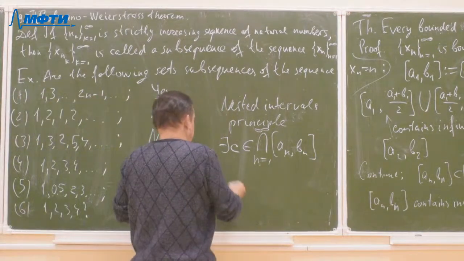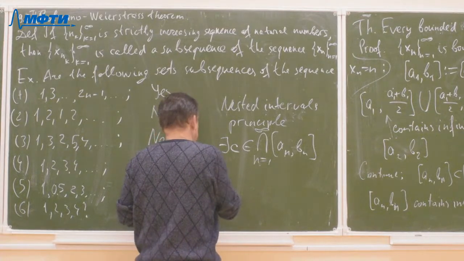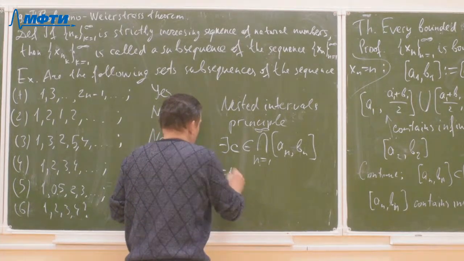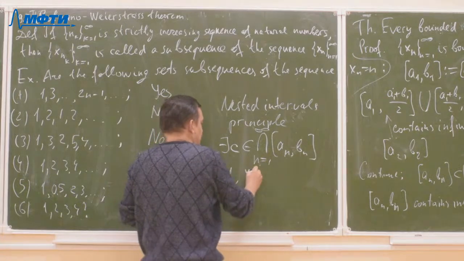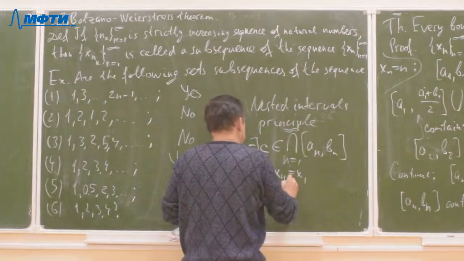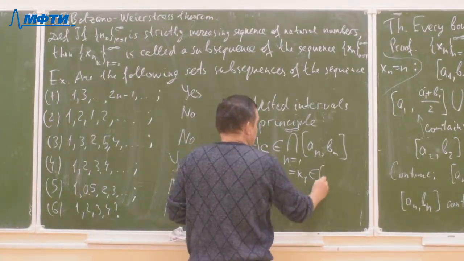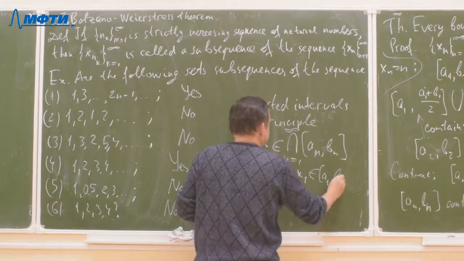Okay, let us choose n1 equal to 1, right? So x_n1 is just x1, doesn't matter. It belongs to a1, b1.